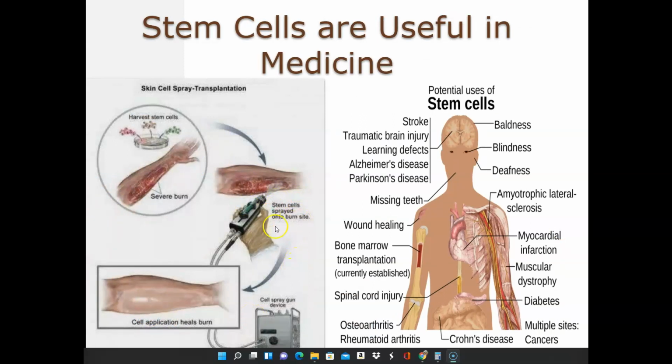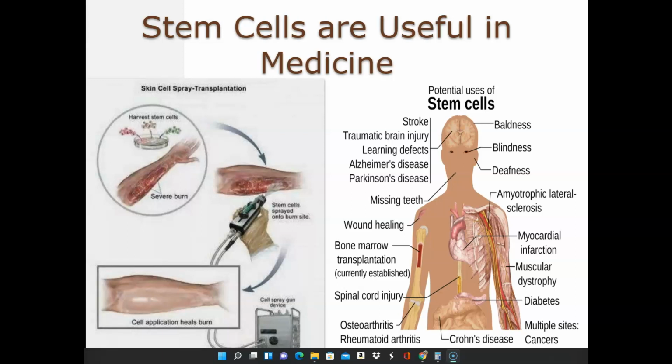I love this, spraying stem cells right on the burn site to grow new skin, right? One of my good friends when I was in kindergarten, she had a fireworks accident and her entire leg was burnt, and they had to do skin grafts from her bum and her other thigh.